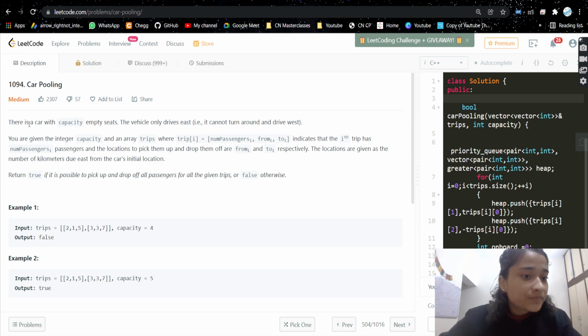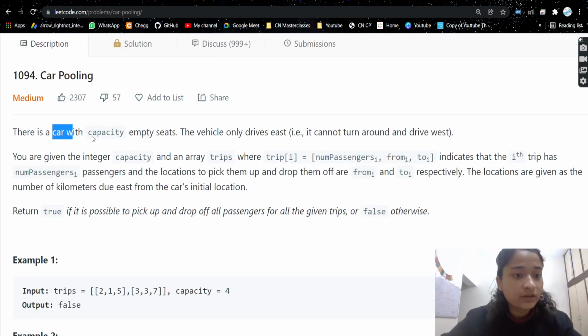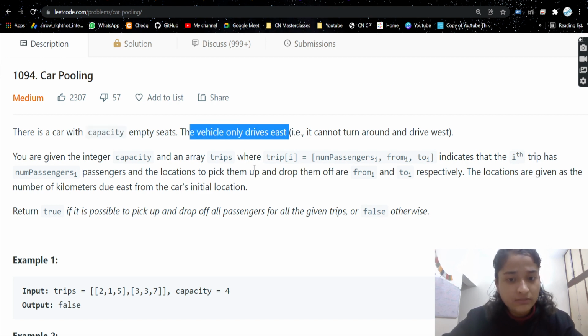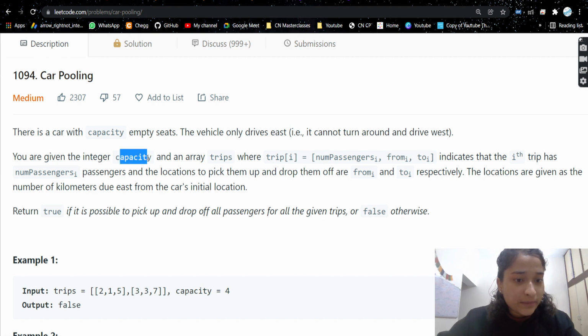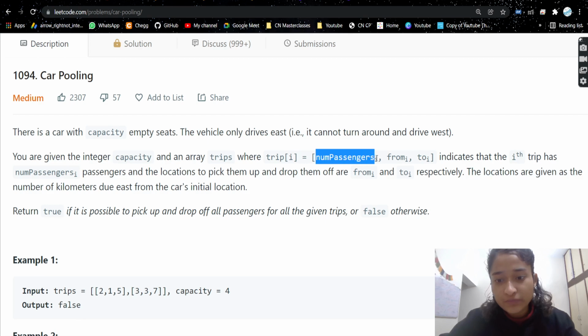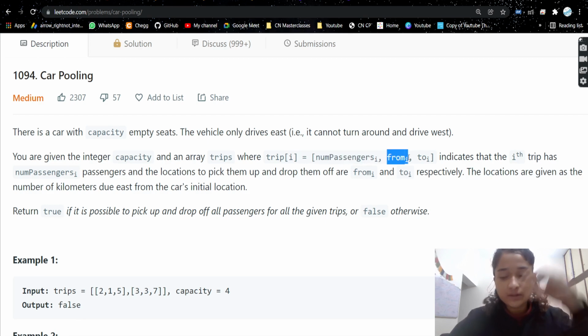So in this problem, we are given a car with a certain capacity, and the vehicle only drives east. It only travels in one direction; it cannot change its direction. You are given the integer capacity and an array trips, where each trip[i] is a further array representing the number of passengers and where to pick them up and drop them off.